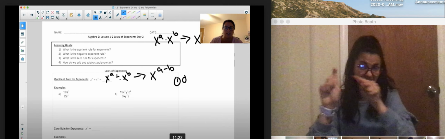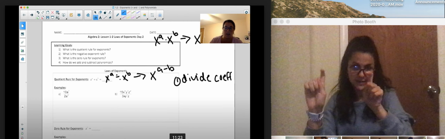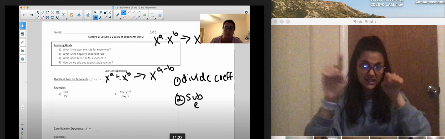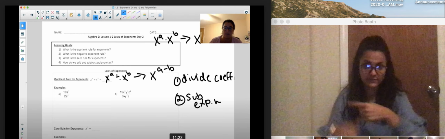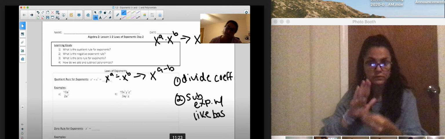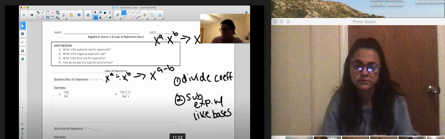So divide coefficients and then subtract exponents with like bases. All right, so let's change up the color.